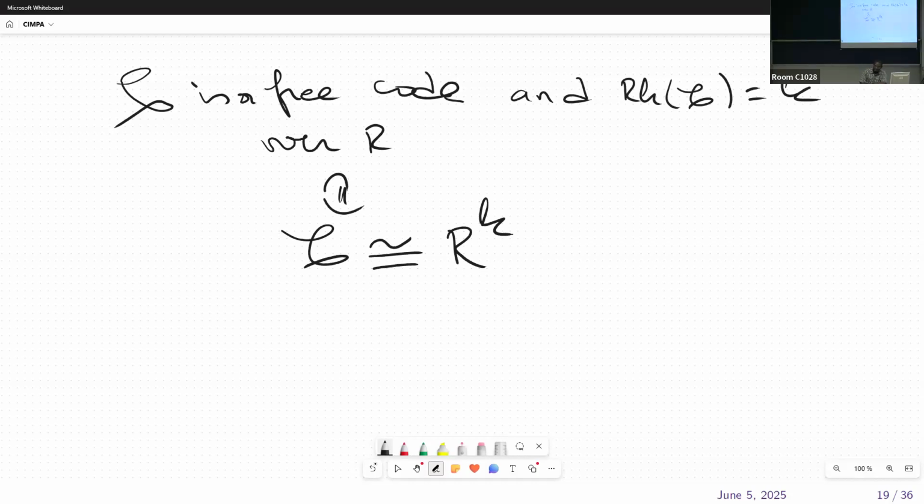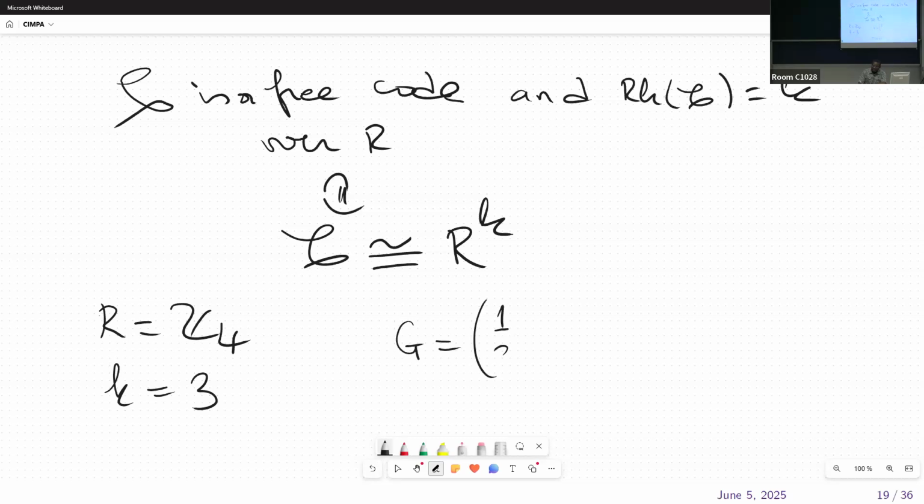Okay, for example, take R equal to Z4, k equal to 3. For the generator matrix we take the identity matrix, and add whatever you want, for example 3, 0, 2, 0, 2, 0, 2, 1.